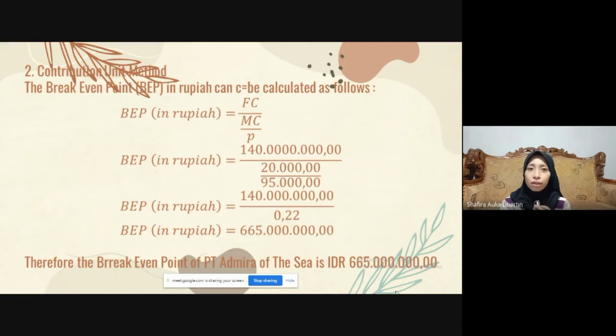Then we input the data, so we get the BEP in rupiah equals 114 million rupiah over, in the bracket, 20,000 rupiah over 95,000 rupiah. Then we calculate and simplify, so we get the break-even point of PT Admira of the Sea is 665 million rupiah.